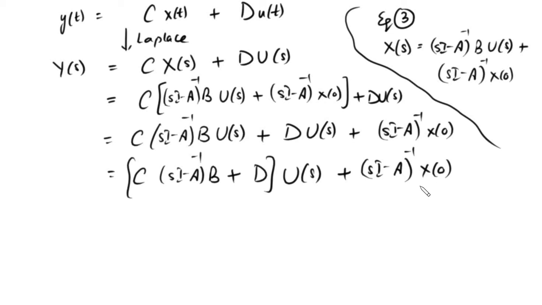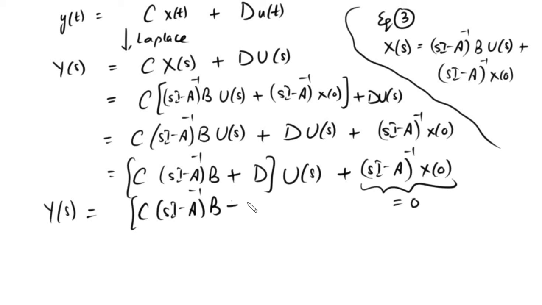Remember, x of 0 is the initial condition. If the initial condition is 0, then all of this term reduces to 0, and all we have left is y of s is equal to C (sI minus A) inverse B plus D, times u of s.